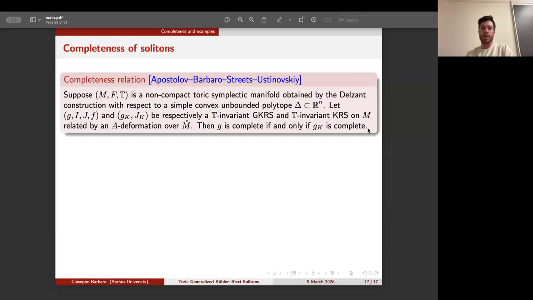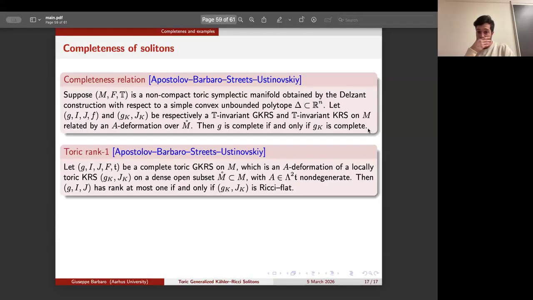So you can think about having a locally toric generalized Kähler-Ricci soliton, which is rank 1. What it means is that you have these abelian symmetries, and only one will be given by the soliton vector field. But then you also have all the others, and you can apply all this machinery.